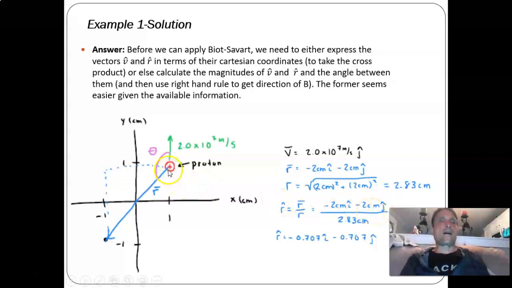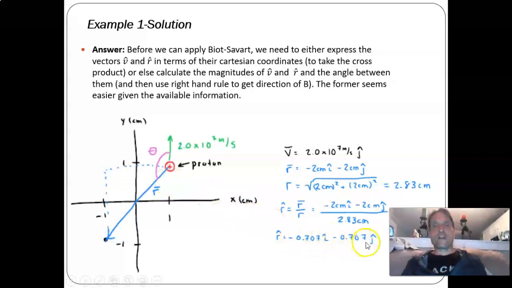So that's r. R is the vector going from the source charge to the location of the field. Now that we have r and its magnitude, we divide each of the components by its magnitude, and we get that the unit vector r is negative 0.707 along the i direction, minus 0.707 along the j direction.